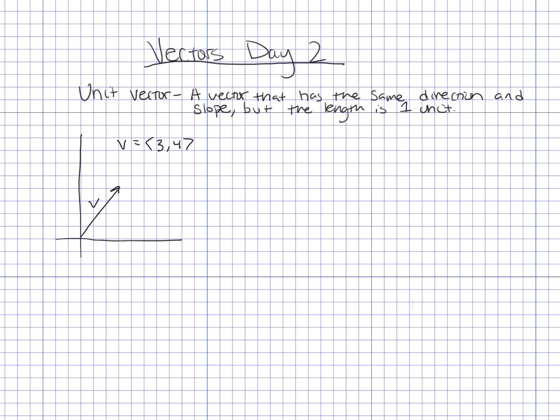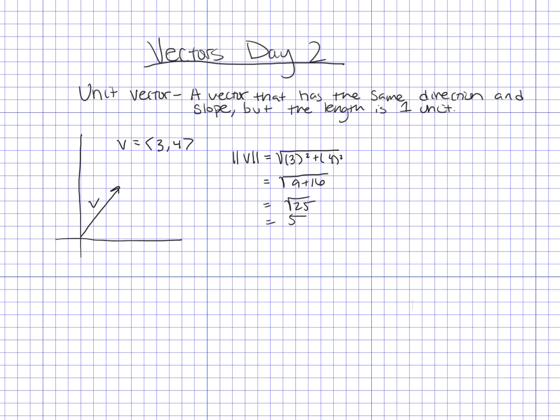So the magnitude of vector v, remember, is the x distance squared plus the y distance squared added together, square root of all that. So in this case, this is the square root of 9 plus 16, square root of 25, also known as 5. So this is just a distance of 5 units here.